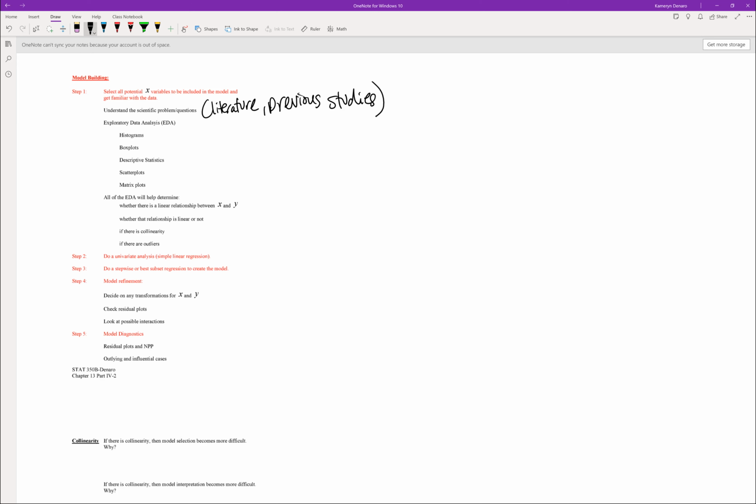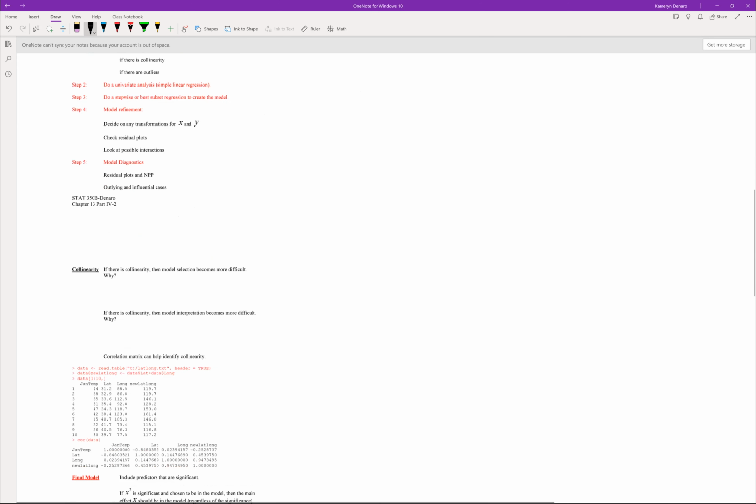And in step 4, we're going to do model refinement, where we're going to decide on any transformations. We're going to check the residual plots and look at possible interactions. And then in step 5, we're going to look at model diagnostics by examining our residual plots and normal probability plots, and considering the effects of outlying and influential cases.